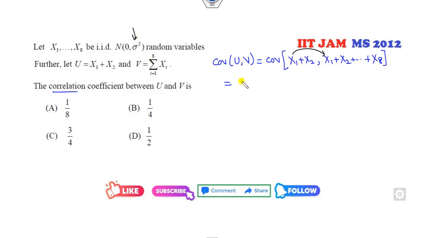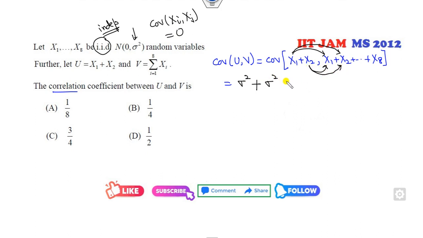Variance of x1 is sigma square. Next one is x1 and x2. You can see they are given to you as independent. So once they are independent, what is the covariance between them? It's 0. So x1, x2 is 0, and similarly the rest of them 0. x2, x1 is 0. This value will be sigma square. So the answer is 2 sigma square.